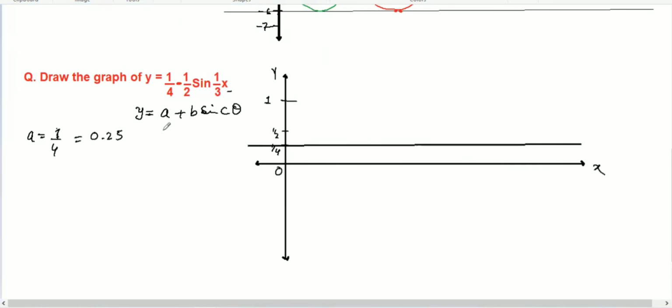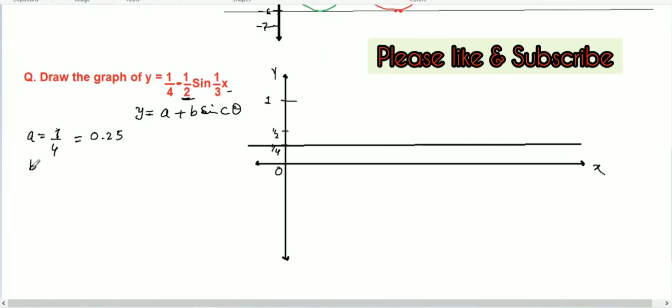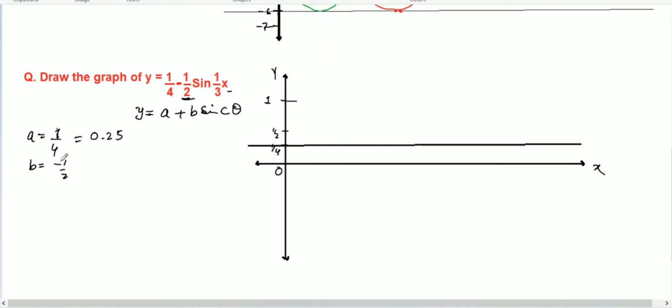Now next is b. So b equals minus half. So don't be confused by the minus half. This is the amplitude of the graph. So the graph will go half above the midway line and half below the midway line.